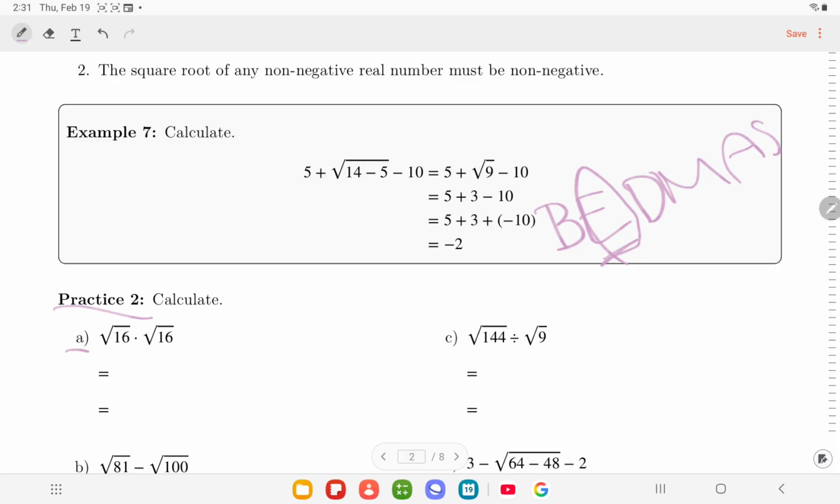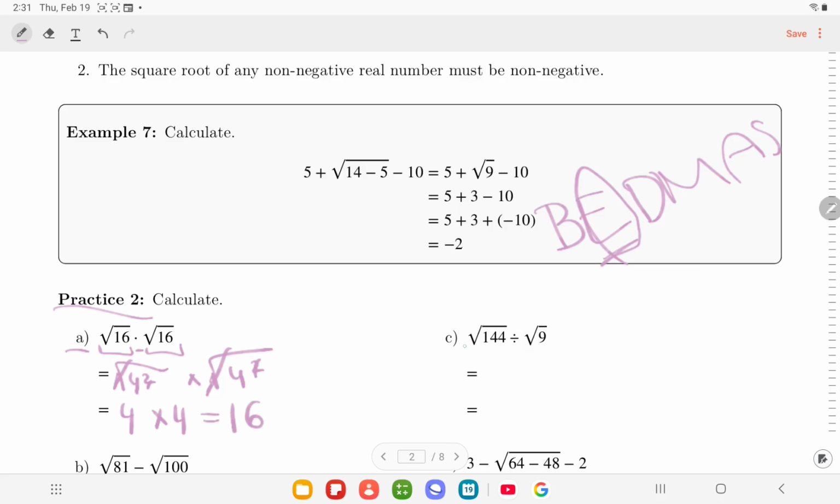So looking at practice A here, we have root of 16 multiplied by another root of 16. So first we need to solve the square roots before we can multiply them together. So the root of 16 is equal to the root of 4 squared. And so we end up with 4 times 4, which is 16.